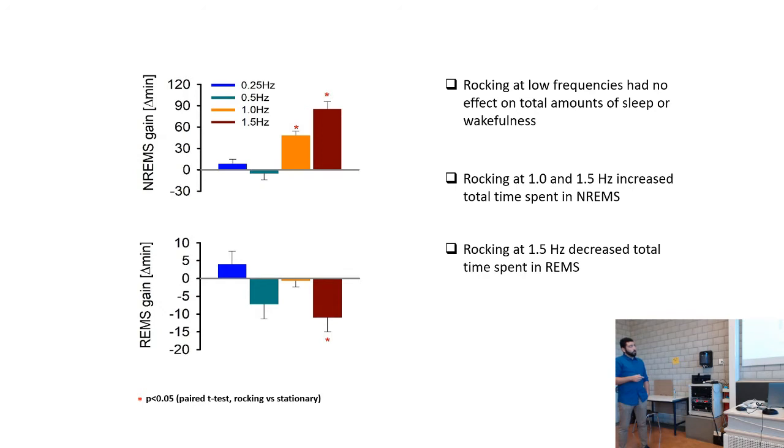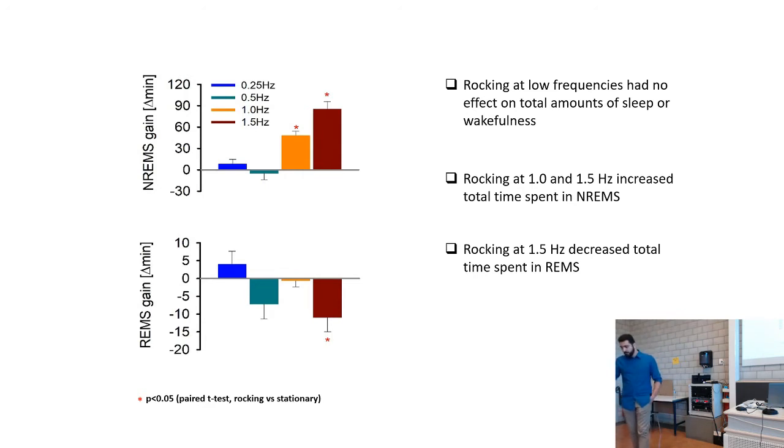But at 1 hertz, there is already a gain, so mice sleep about 40 to 45 minutes more. When you rock them at 1.5 hertz, they sleep around 80 minutes more. However, whereas in the first 3 frequencies they don't lose any REM sleep, at 1.5 hertz they lose quite a significant amount of REM sleep, about 10 to 12 minutes.